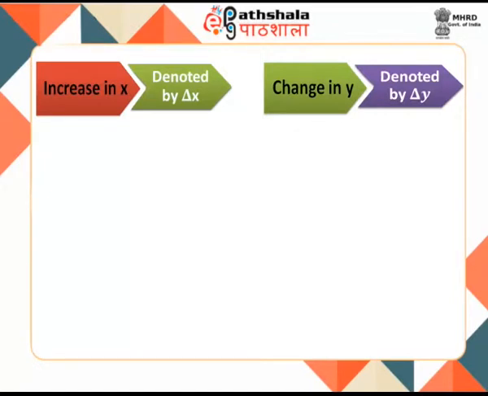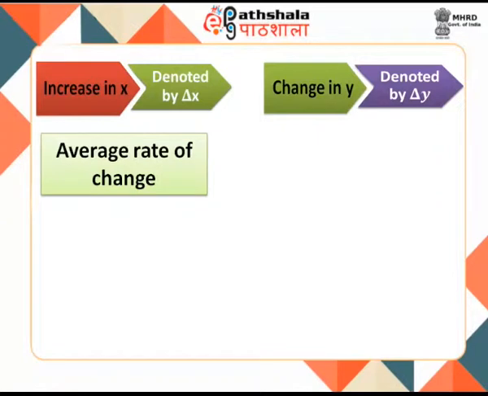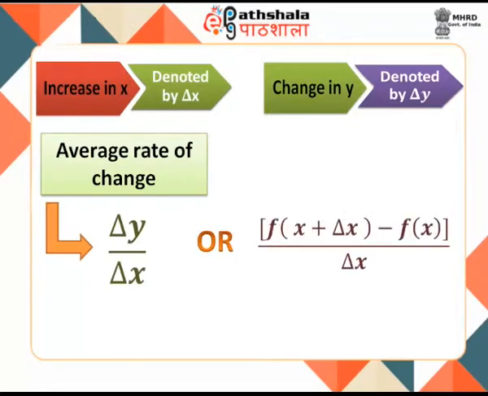Thus, the average rate of change can be written as delta y by delta x, or f of x plus delta x minus f of x by delta x.